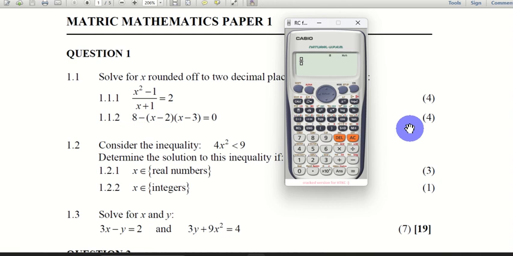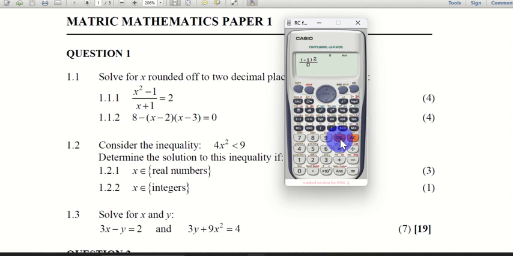Let's use that negative 1, we put it in a bracket, and we square that. Where's the square? That one.